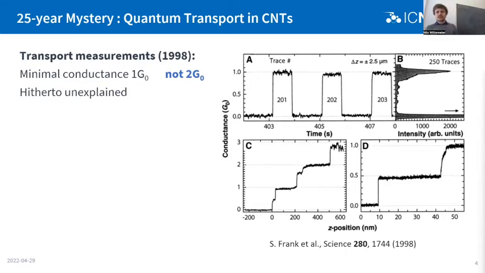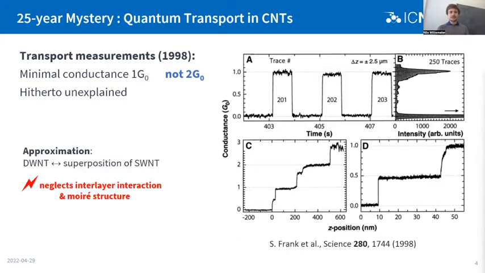But at the core of this idea stands the assumption that the double wall carbon nanotubes are basically just superpositions of the single wall carbon nanotubes, completely neglecting the interaction between the layers and the Moiré nature of these crystals. And actually, I will show later on that we can construct a scenario where the conductance is quantized, or the smallest conductance quantum is 1g0 in these transmission curves and not 2g0 like it is conventionally.